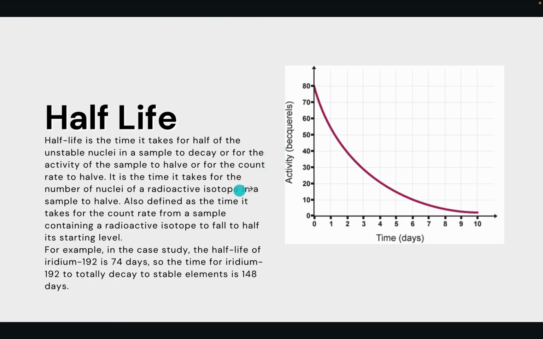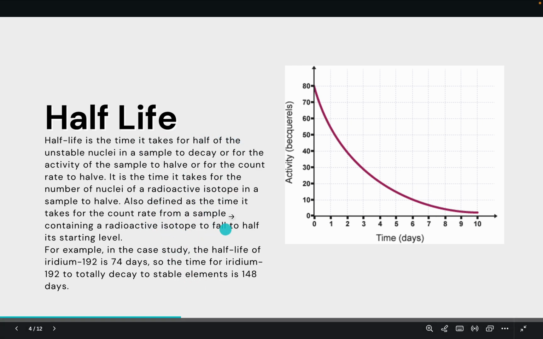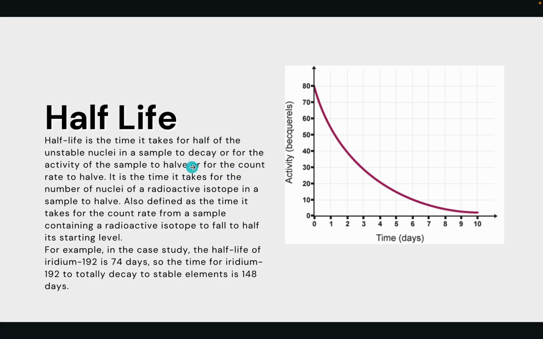Okay, so one of the key concepts in understanding radioactive decay is the idea of half-life. The half-life of a radioactive substance is the amount of time that it takes for half of the radioactive atoms in a sample to decay. This does not mean that all atoms decay at the same time, because decay is a random process at the level of individual atoms.